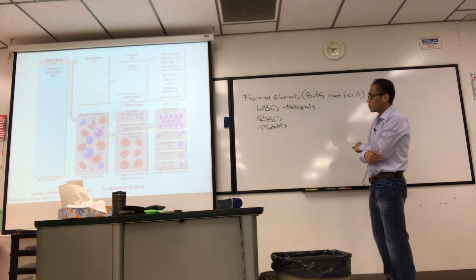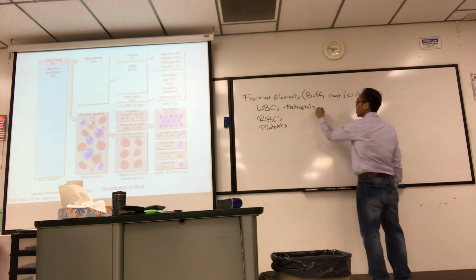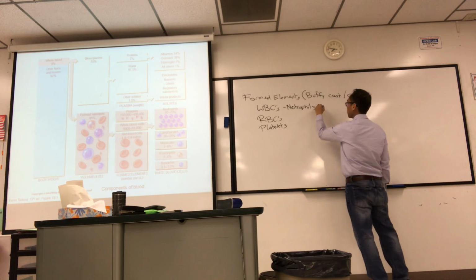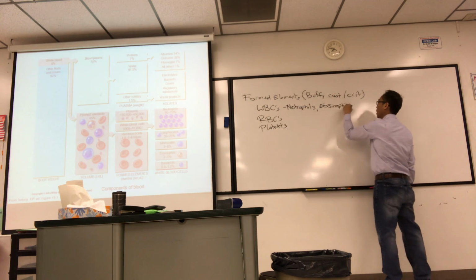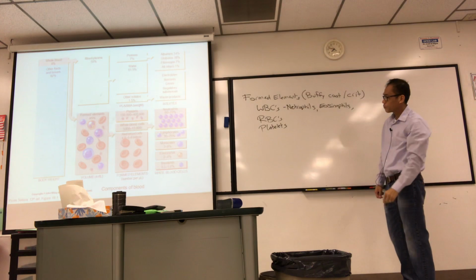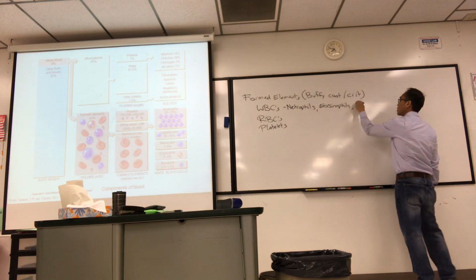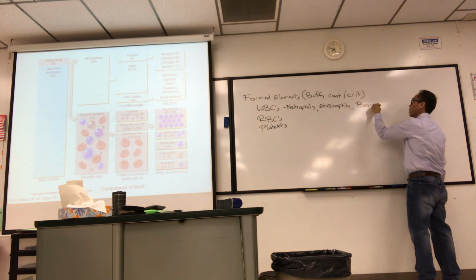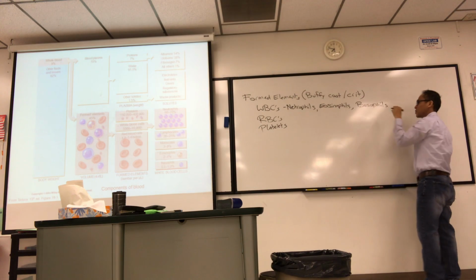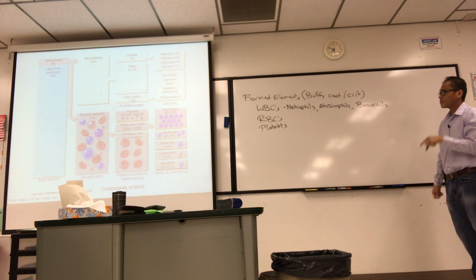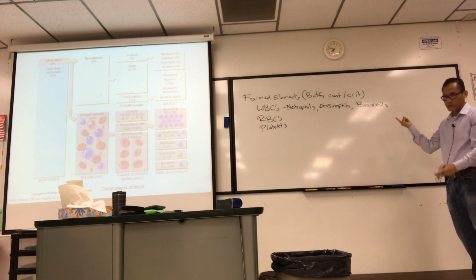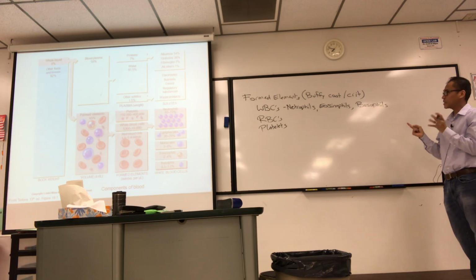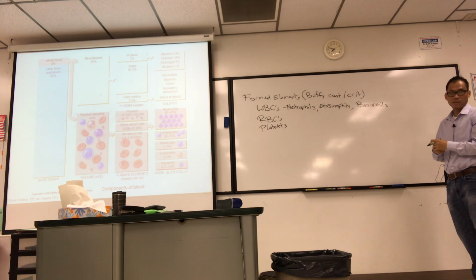The neutrophils, eosinophils, and the basophils. These are names of white blood cells, and I'll tell you their functions later. I listed them as the first three because they're categorized as granular leukocytes.